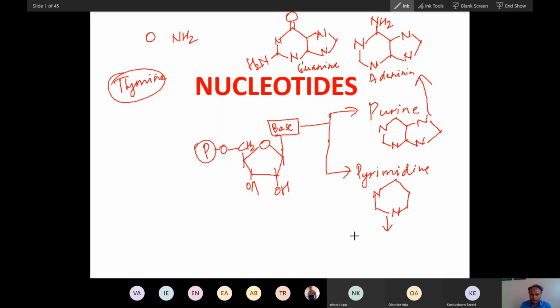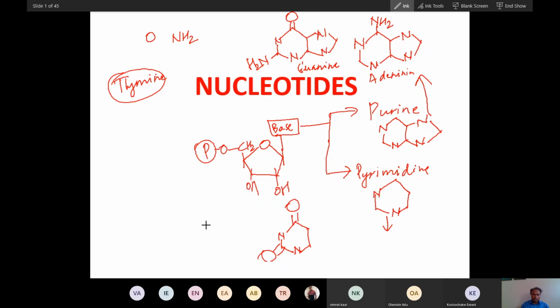Now there are two types of pyrimidine in RNA. We start with the basic pyrimidine that is first synthesized, which is uracil. So you draw uracil. Uracil has only an O group at this and at this position, between nitrogen at the top. So this is uracil.